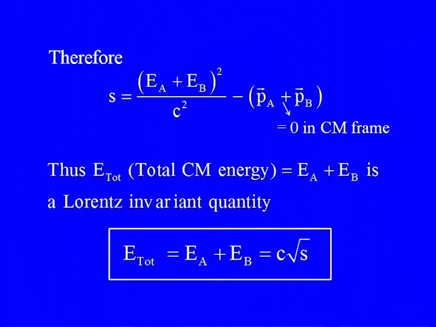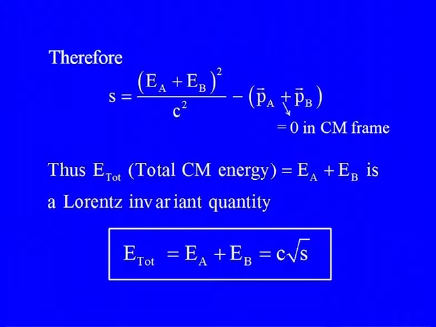Now, when you arrange all these things and plug them back into the expression for S, what you get is the total center of mass energy squared divided by C squared minus the PA plus PB whole squared.